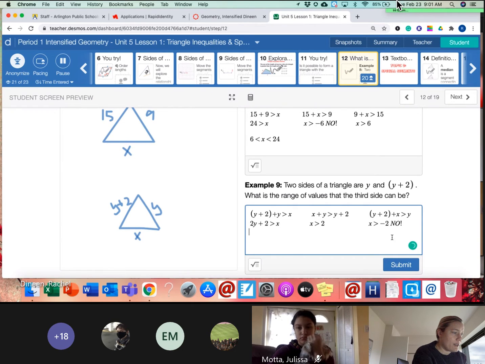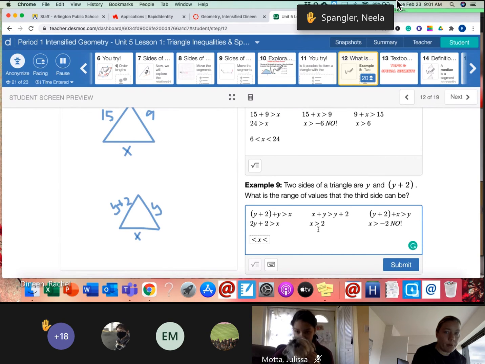All right, so since we have a negative there, that cannot be part of our answer. So let's go ahead and combine. All right, so here it says x is greater. So let me just set this up and let's decide what goes where. What's going to come on the left? I need to have the inequality opening on the x. So if you look at our middle, that would be opening on the x.